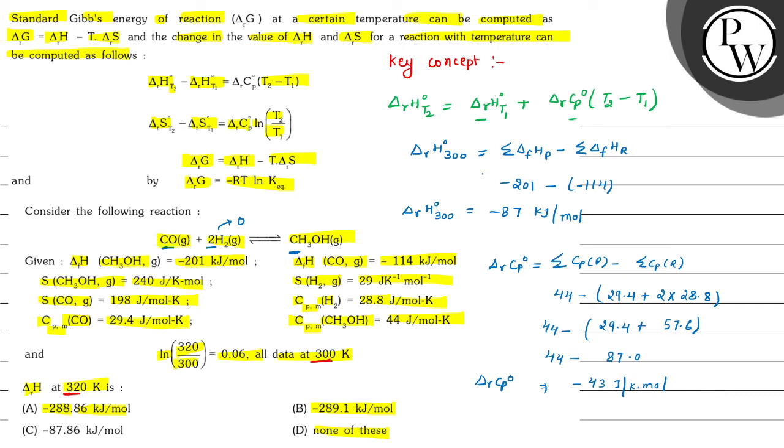Now we can substitute the values in this formula. We have to calculate the change in standard enthalpy at 320 Kelvin.